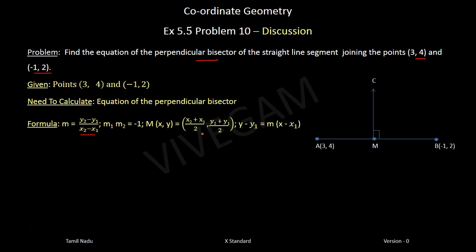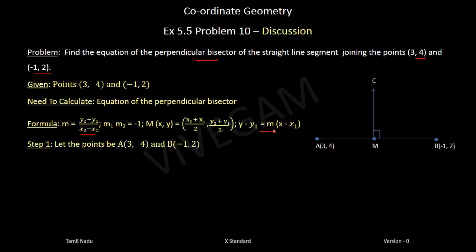Next, the midpoint M can be calculated using the midpoint formula. In that case, this is x1, y1 and this is x2, y2. So using these two points, you can calculate the midpoint. Once we know the point M and we know the slope of CM, we can calculate the equation of the straight line CM using the slope point form. Okay. Right.